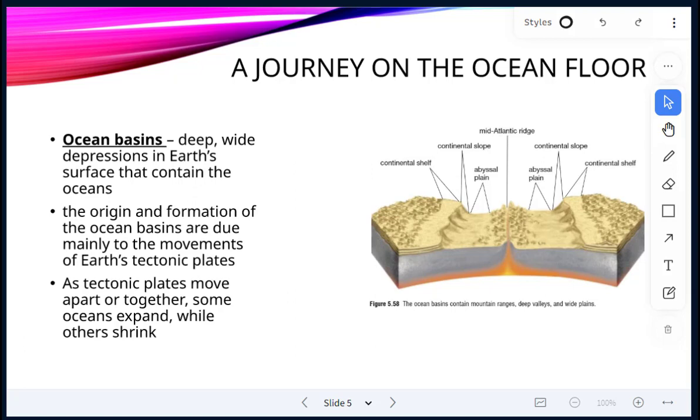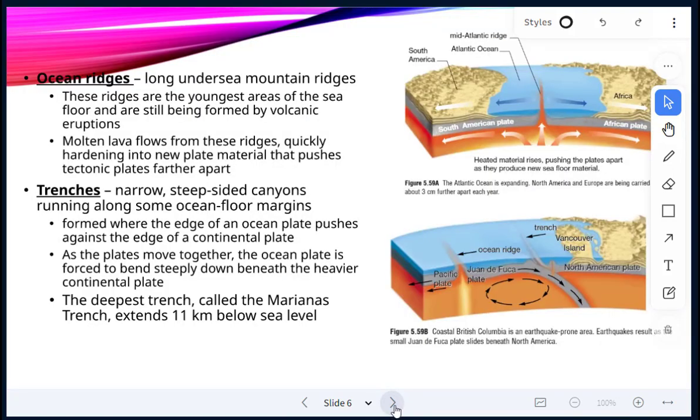As those tectonic plates move apart or together, some oceans expand while others shrink. If we look at this diagram here, we can see the ocean basins that contain lots of different things, like mountain ranges, valleys, and wide plains. So that's the ocean floor.